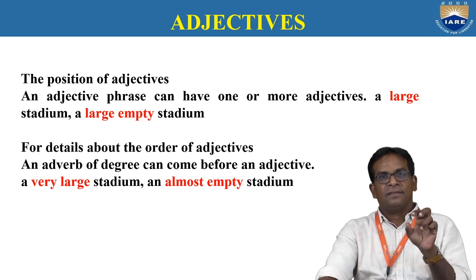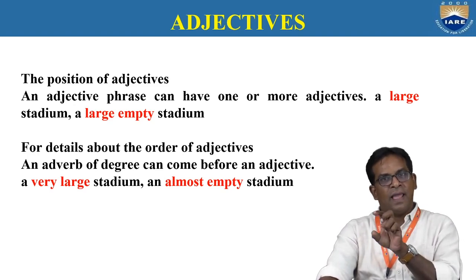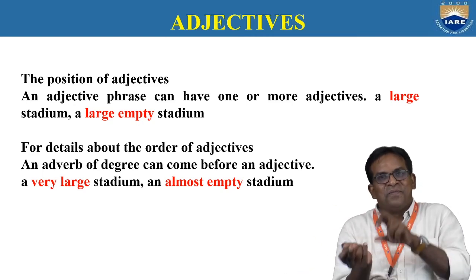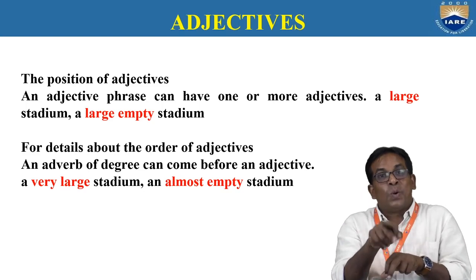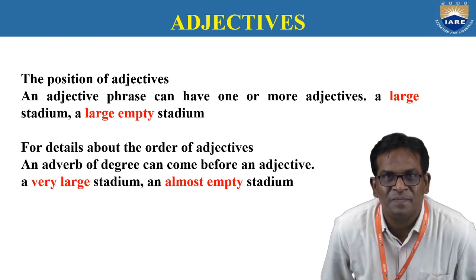The cat is black; black is an adjective. The cat is almost black. Before the adjective, there is another word, almost. What is almost? It is an adverb.